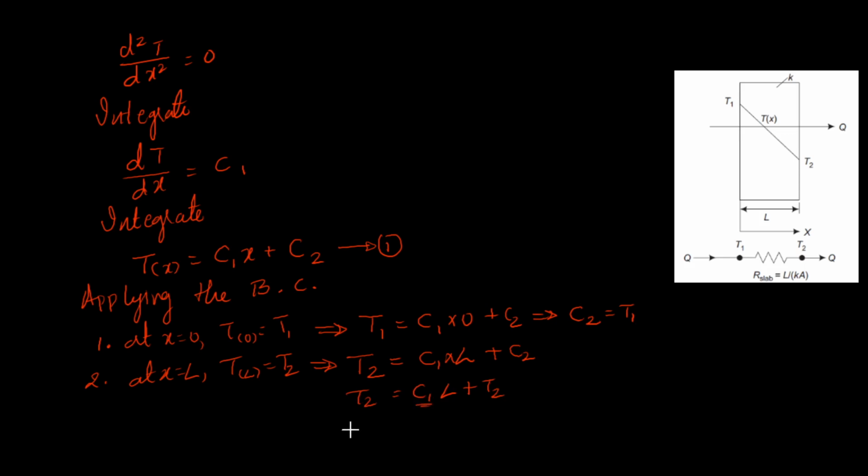I need C1, so I can write C1 will be equal to T2 minus T1 divided by capital L. So this gives us the value for C1 and we have the value for C2 as T1. Now I'll substitute those values in equation 1. So equation 1 was T of x will be equal to C1x plus C2.